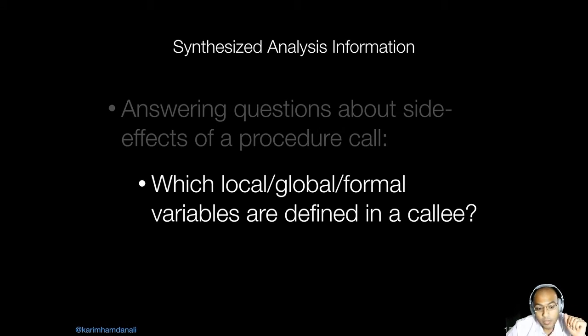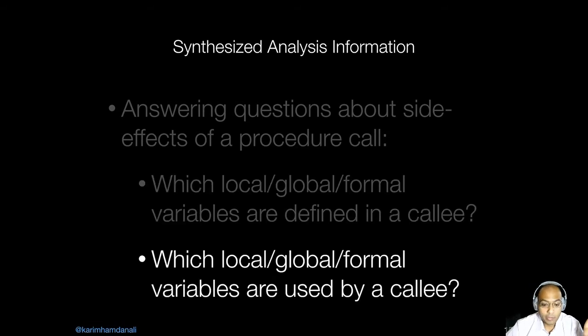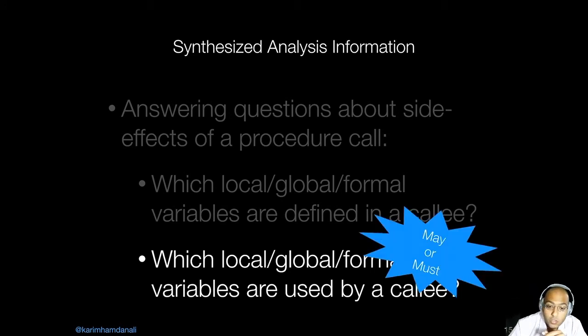In particular, we might be interested in which local or global formal variables are defined in a callee, in a method, as in having values in them. Which variables might be used? So a liveness analysis, a live variable analysis, and so on. Again, this information that the analysis is computing could be a may analysis or a must analysis.